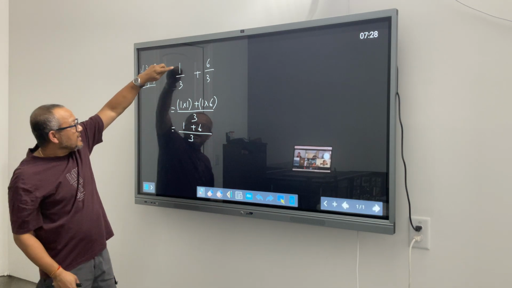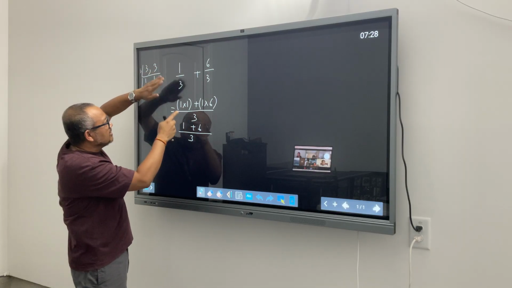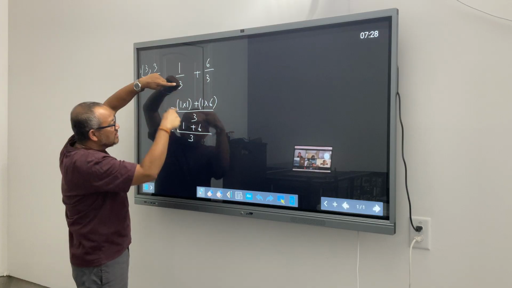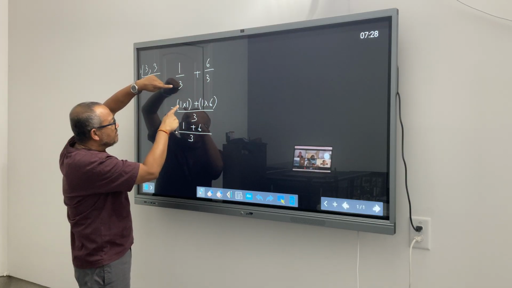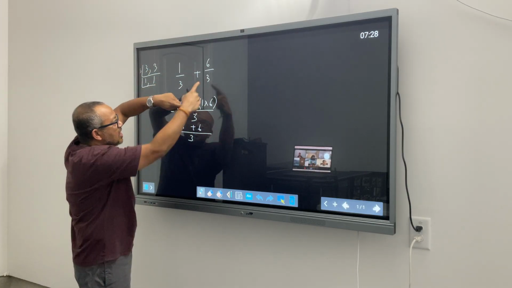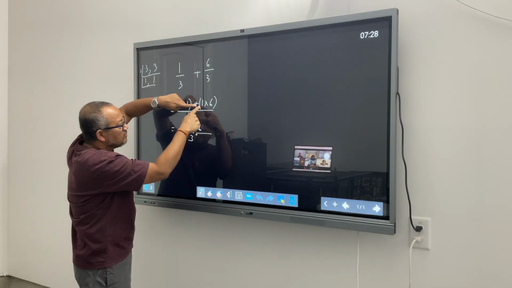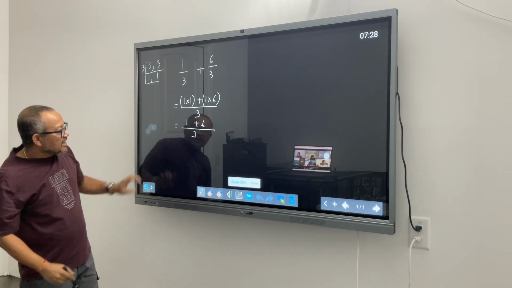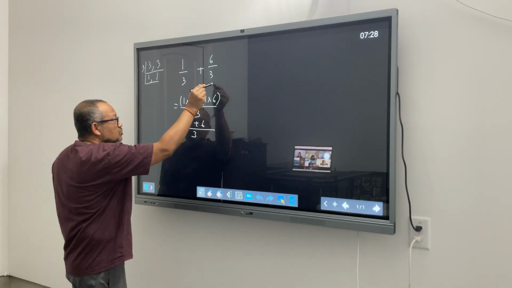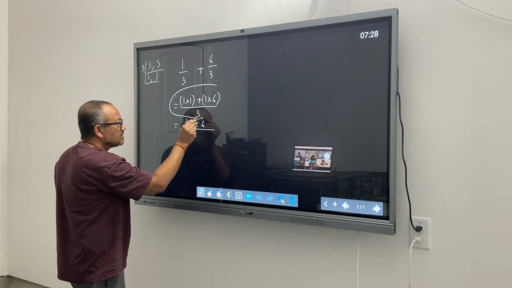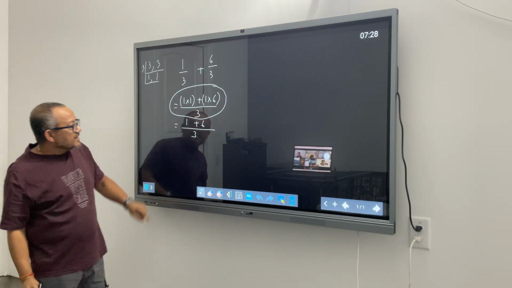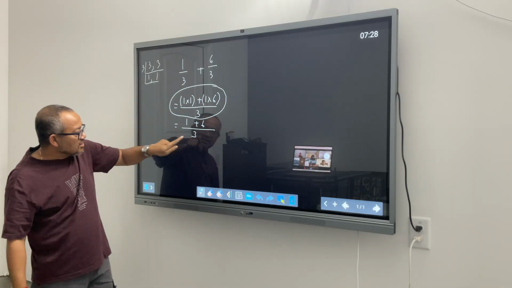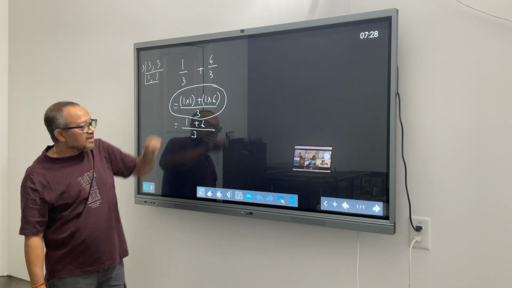And then, when you found the LCM, how many times of this will give me 3? Obviously 1. Multiply with the numerator. Plus, how many times this will give 3? Obviously 1. Multiply with the numerator. So you can choose to ignore this step and jump from here to here directly. Same denominator, you put it here and you are just adding the numerators.